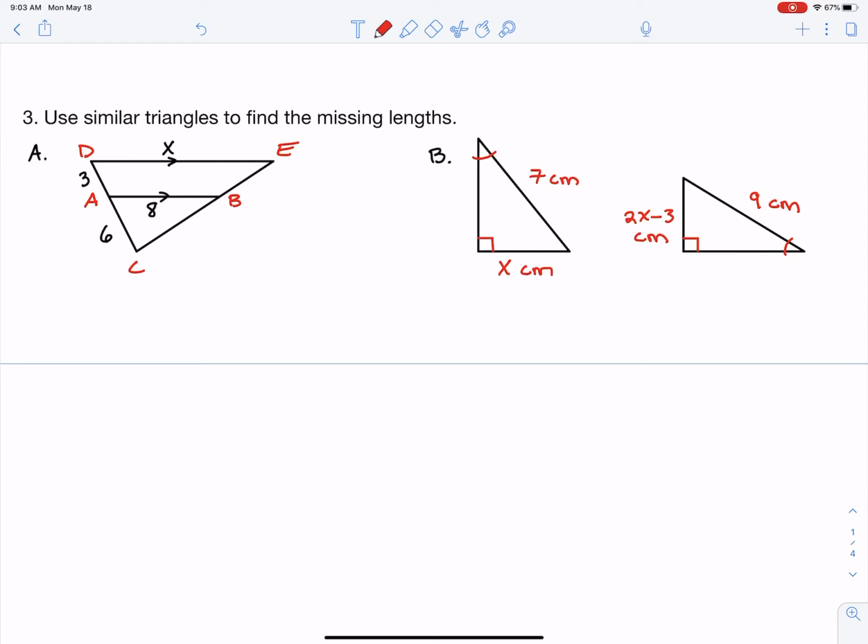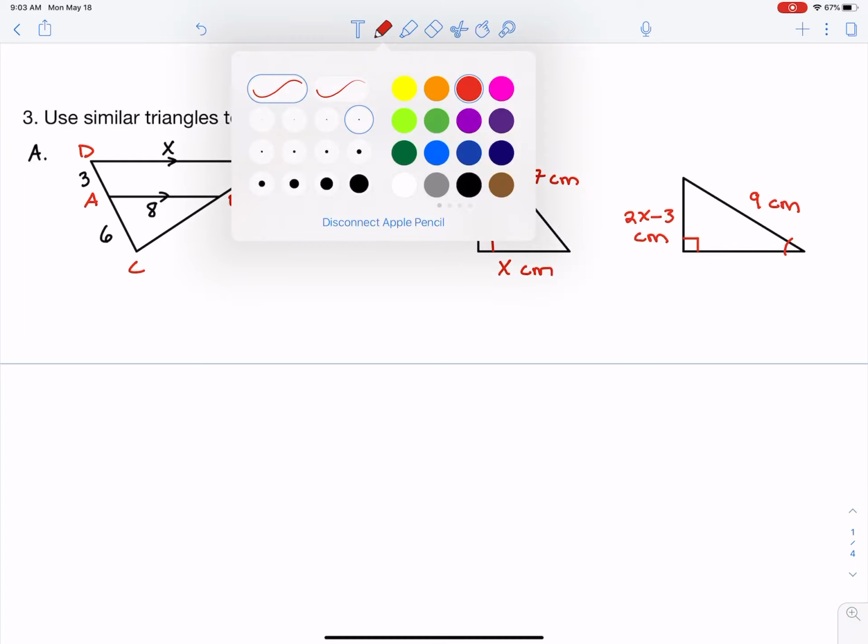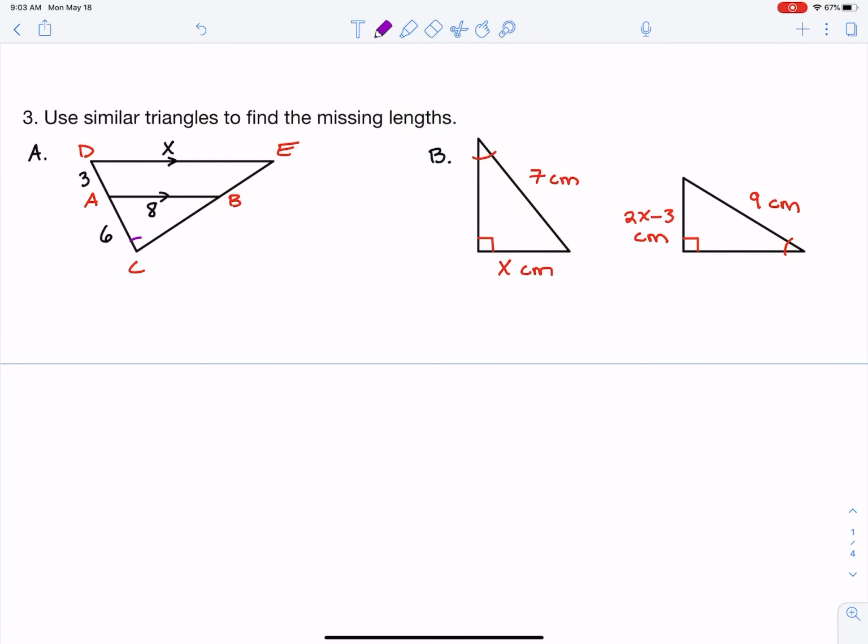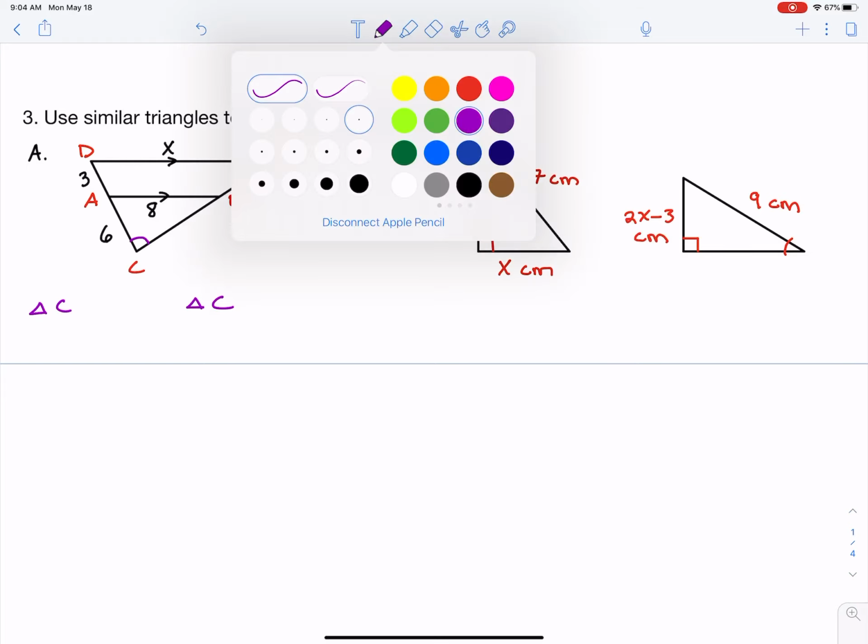So both triangles, notice, both triangles contain the angle C, right? Both triangles have angle C. Perfect.